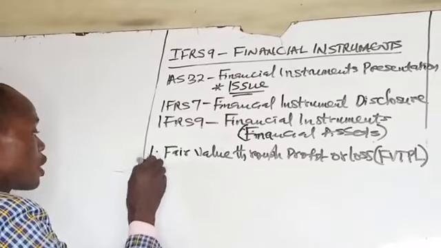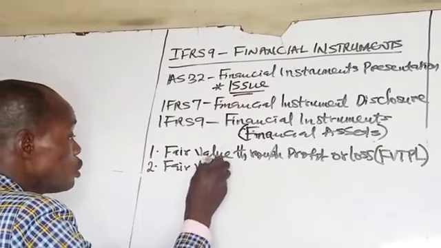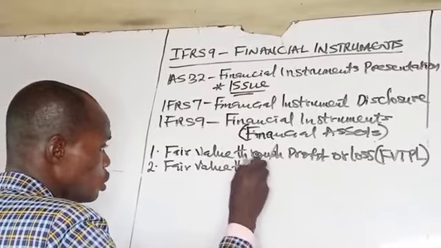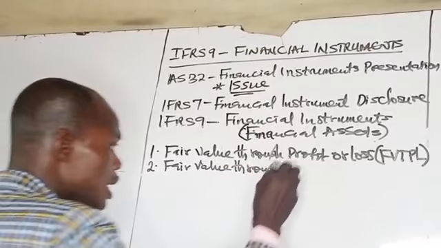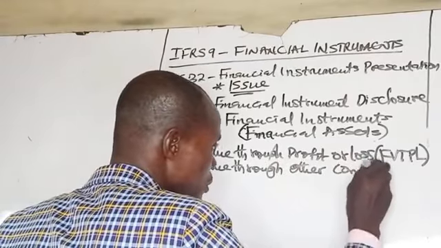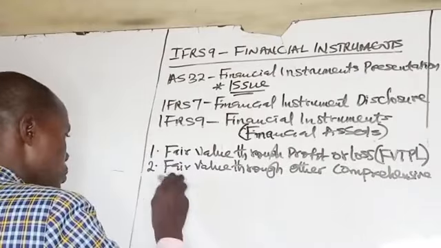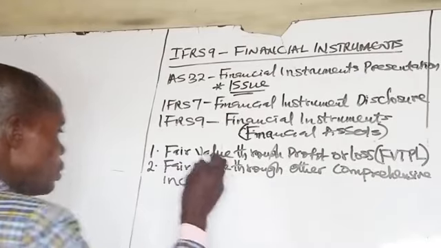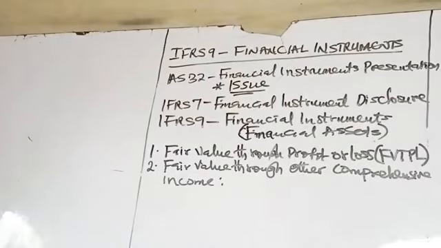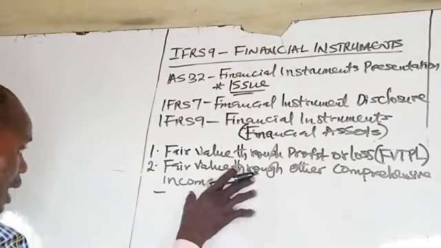Number 2, we have fair value through other comprehensive income. I've told you the entity must designate the investment as fair value through other comprehensive income before you can apply this category.